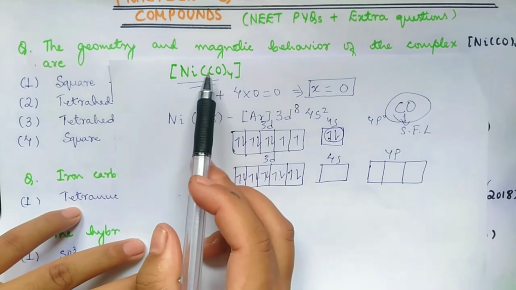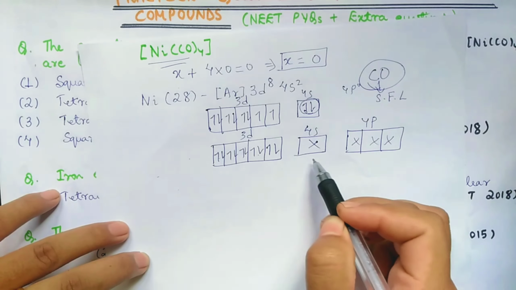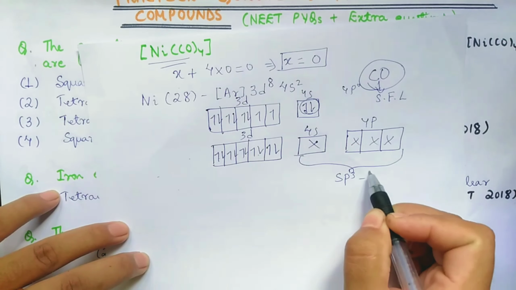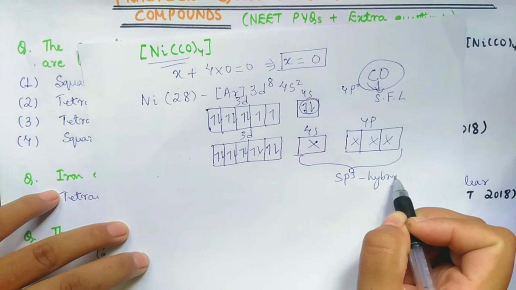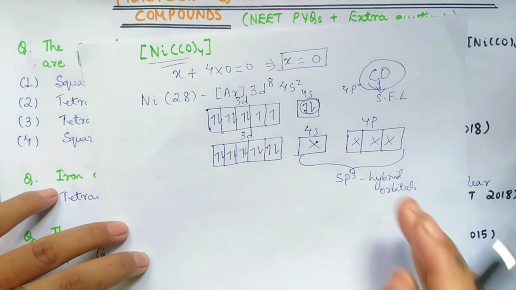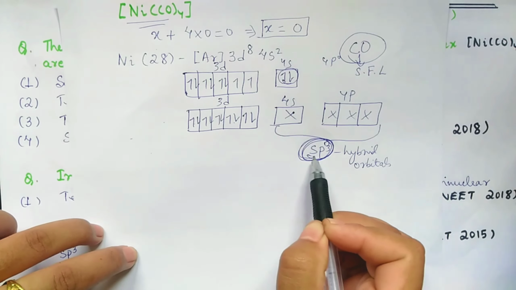Now, how many ligands are there? 4. 1, 2, 3, 4. So we have the sp3 hybrid orbitals. Here the hybridization is sp3.